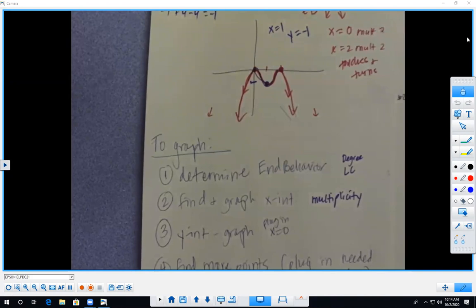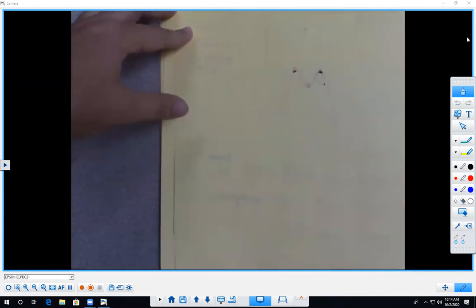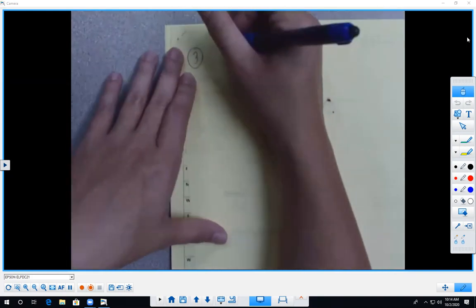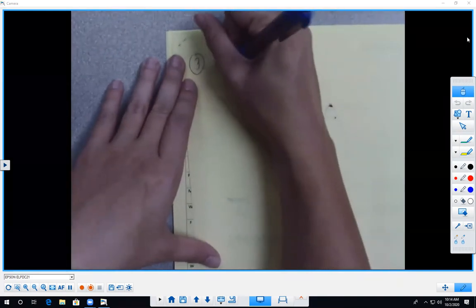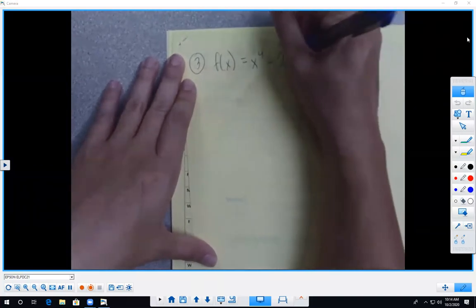Okay, so we are going to graph the problem. I don't even know what number we're on. I think it's number 3. We're going to graph the problem f of x equals x to the 4th minus 2x squared plus 1.